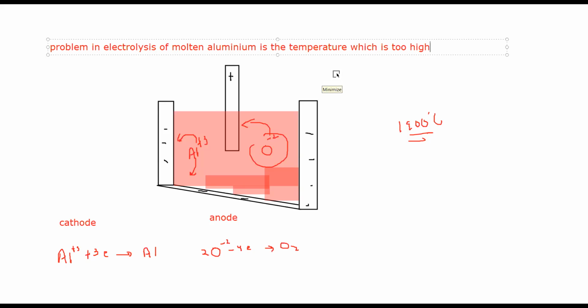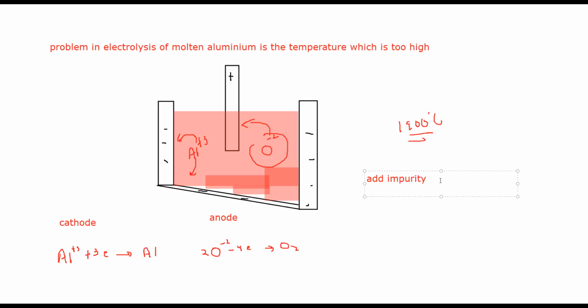If I add water, then it will not be useful. Why? Because then hydroxide ions will move. So to decrease the temperature, we add an impurity, because whenever you add an impurity, it will lower the temperature.